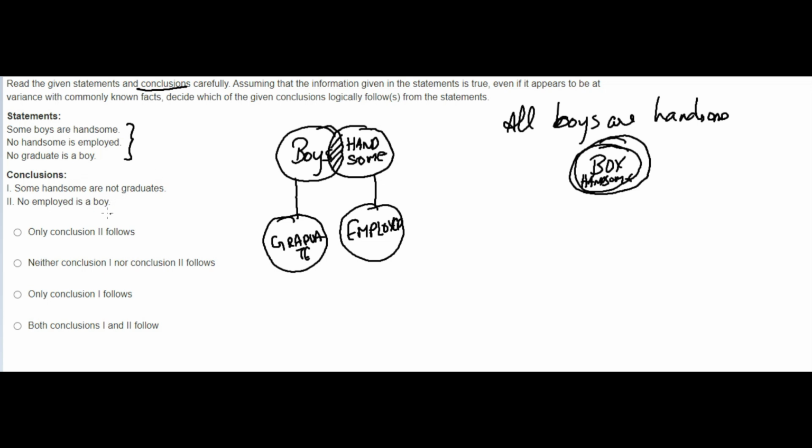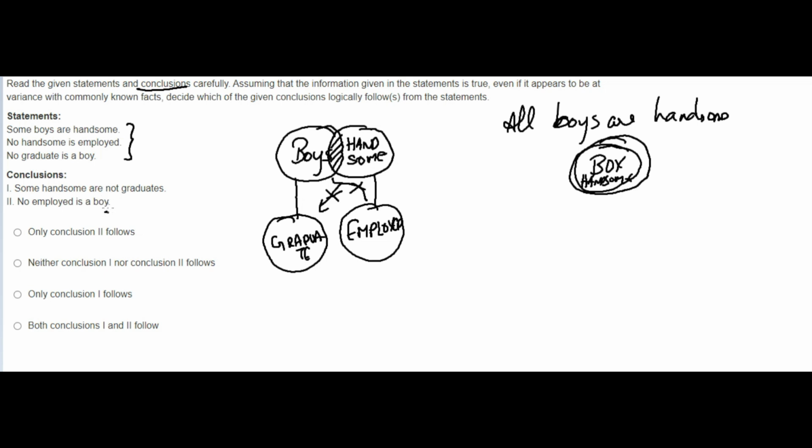They are asking which one follows which one. So the first one: some handsome are not graduates. Not some handsome, all the handsome are not graduates, because there is no relation between handsome and the graduates. And no employed is a boy. Yes, because there is no relation between boys and employed. So which one follows which one?